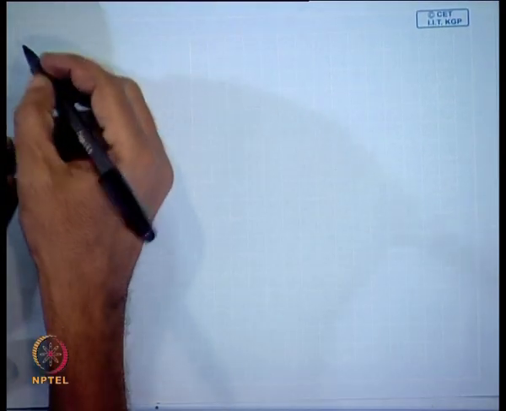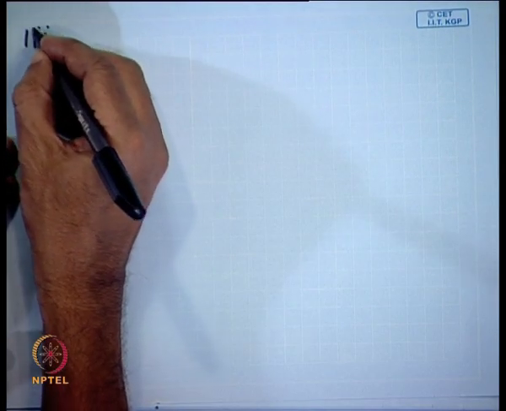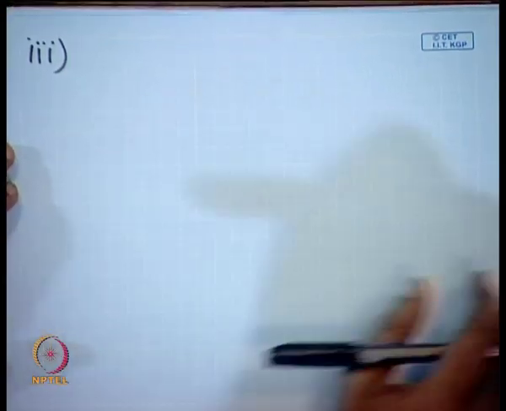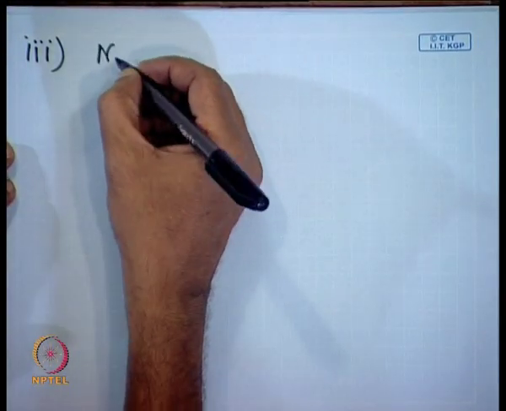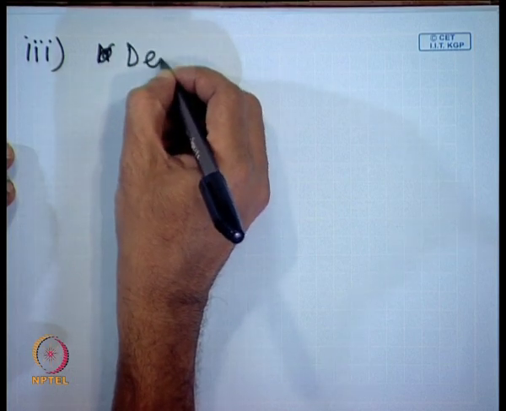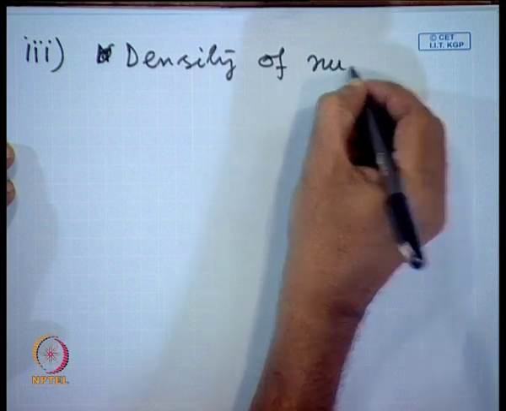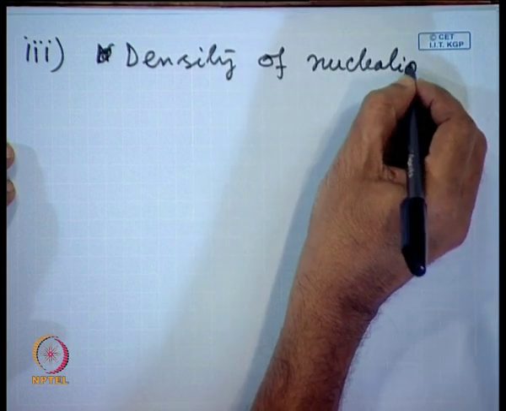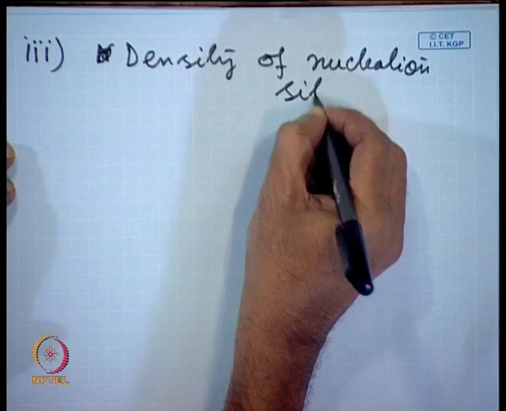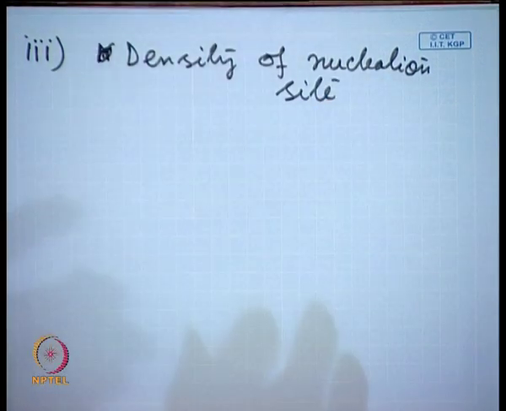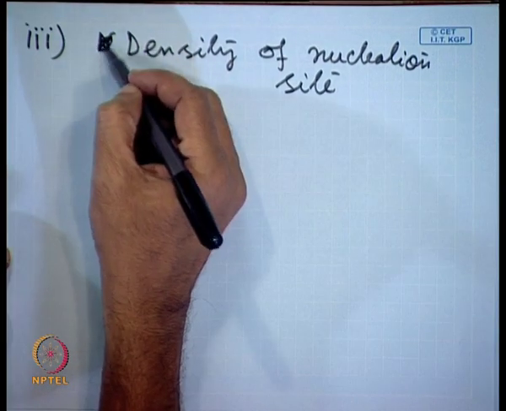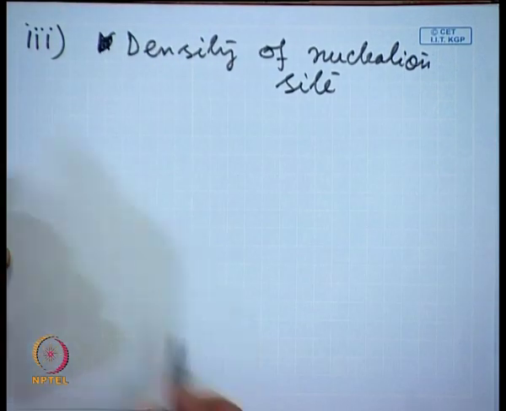And last but not least, there are certain issues for which the physics is not known, like the density of nucleation sites. We do not know how this can be fixed or assigned in the simulation or model.